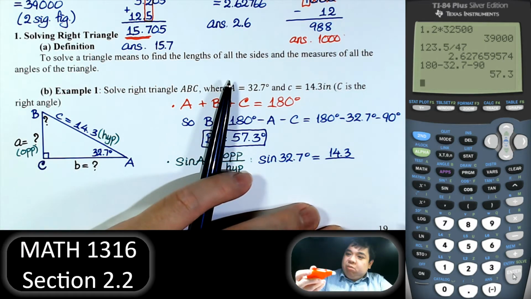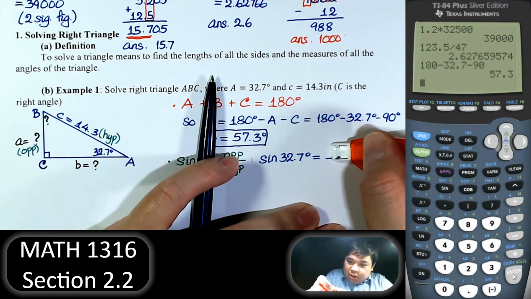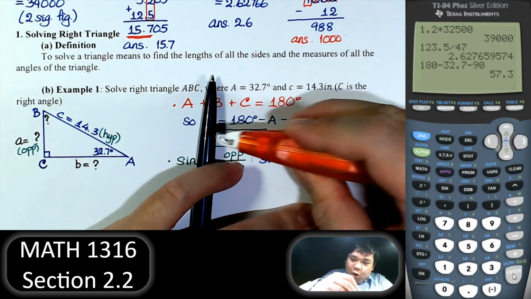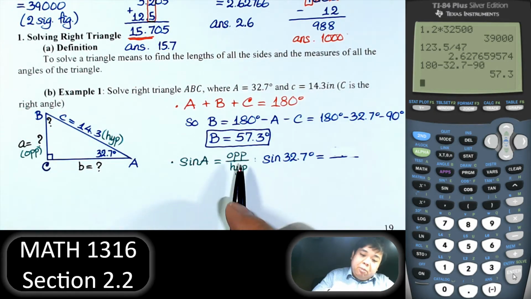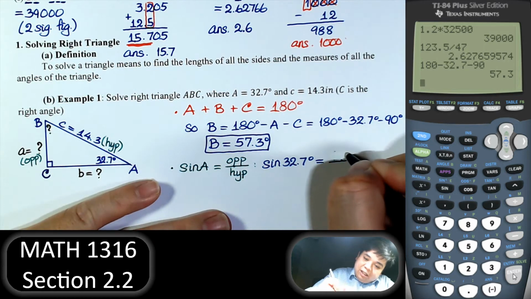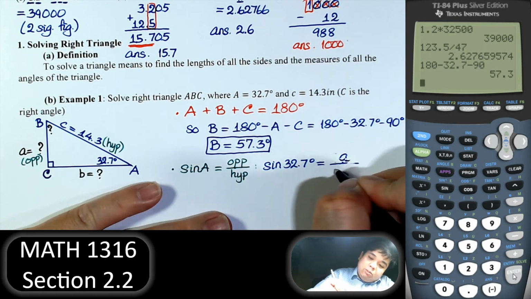Okay, be careful. This is not difficult, we just always have to be careful. So we have opposite, which is a, over hypotenuse, which is 14.3.